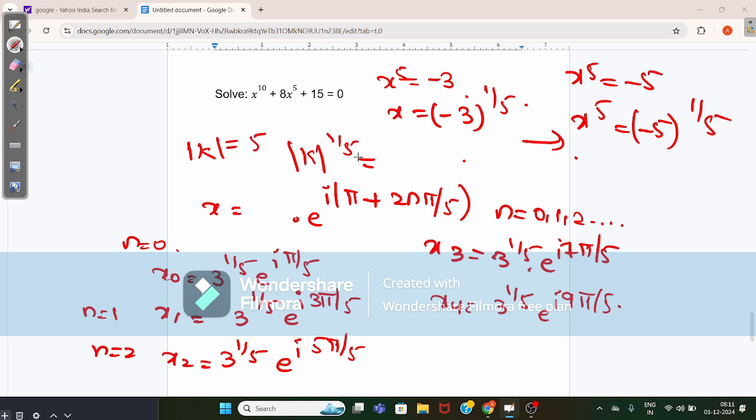So k value will be 5 power 1 by 5. So put the values n equals 0, 1, 2 and so on, and the modulus becomes 5 power 1 by 5 in every root. So these are the roots for x power 5 is equal to minus 5, which is the required answer we have.